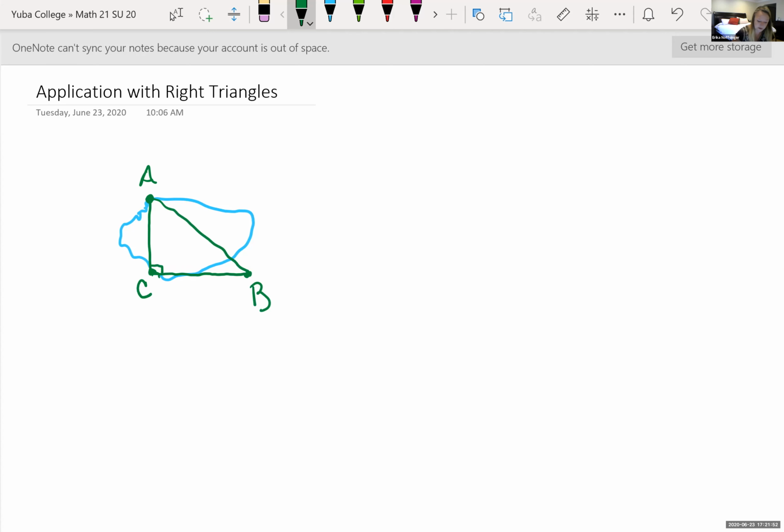It was given that this was a right triangle, and they gave that the angle B is equal to 40 degrees.